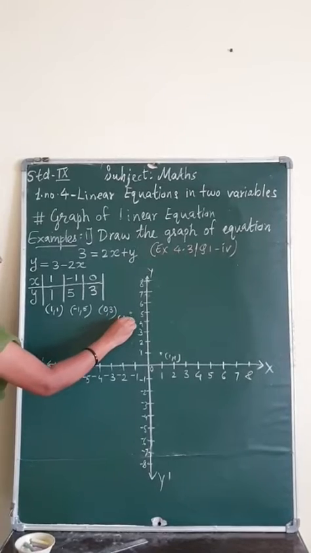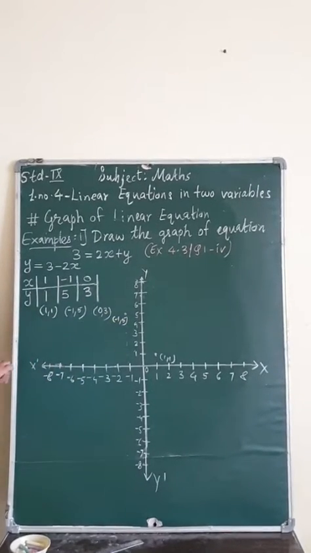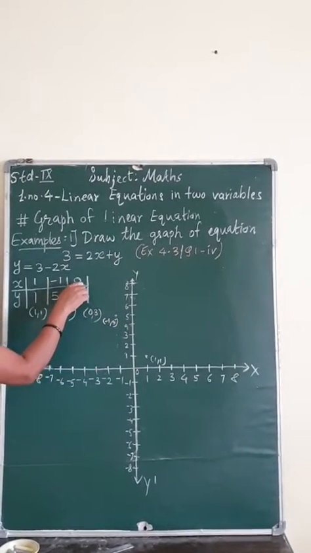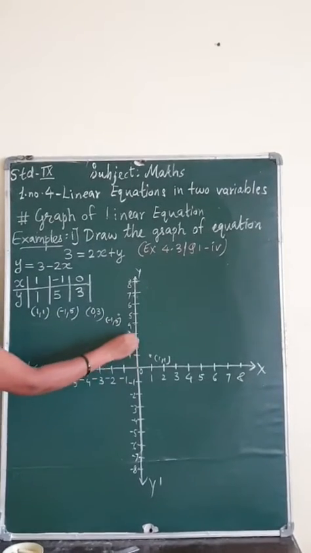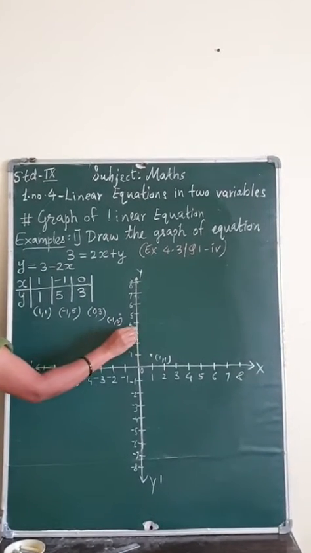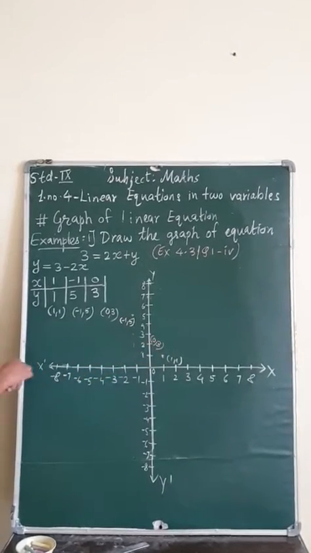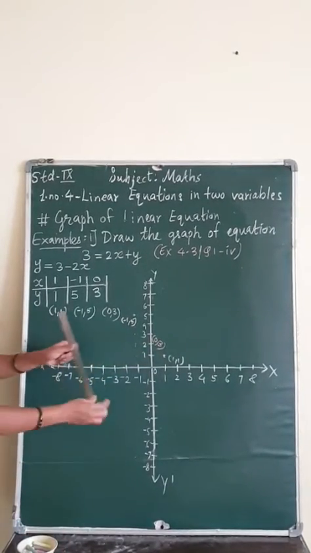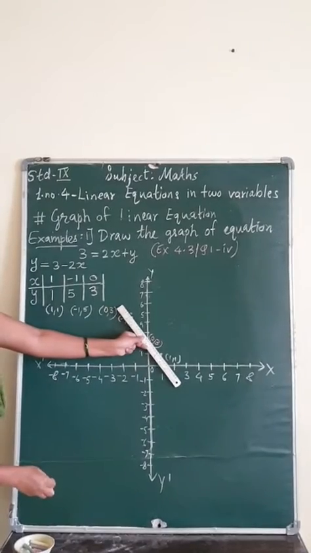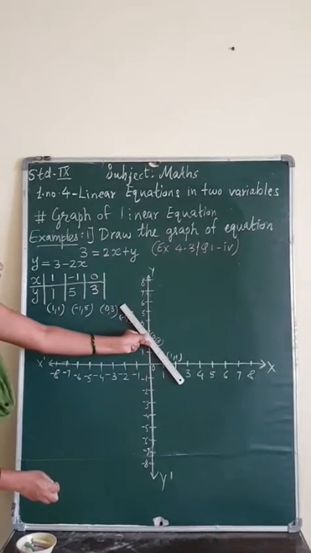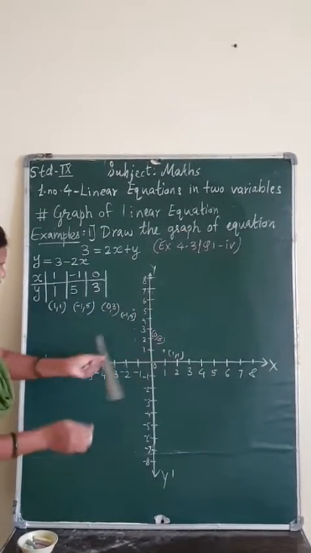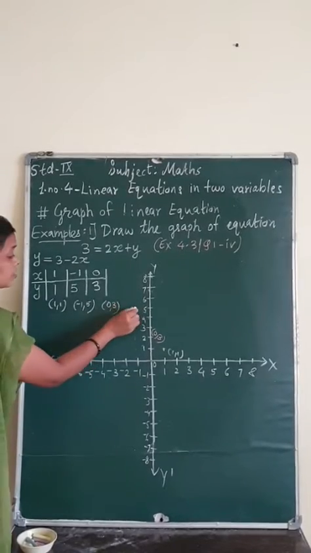Minus 1, 5. Next is 0, 3. So x is 0, y is 3. So this is the point 0, 3. Now if you join these points, we get a straight line passing through these 3 points, and that is a straight line.